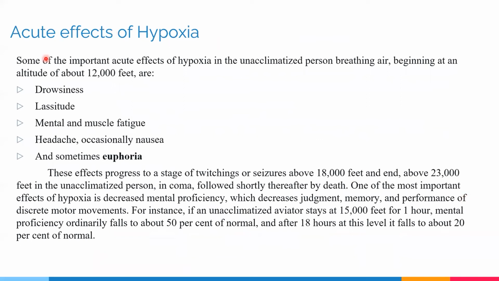Next, we'll look into the acute effects of hypoxia, or low oxygen concentrations. Some of the important acute effects of hypoxia in an unacclimatized person breathing air, which begin at around 12,000 feet, are drowsiness, lassitude, that is a feeling of laziness, mental and muscle fatigue, headache, occasionally nausea, and sometimes euphoria, or the feeling of happiness.